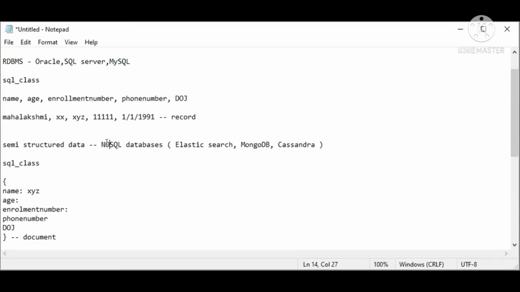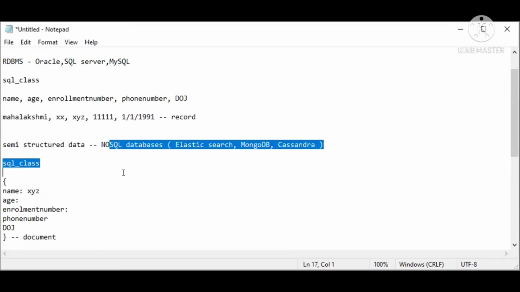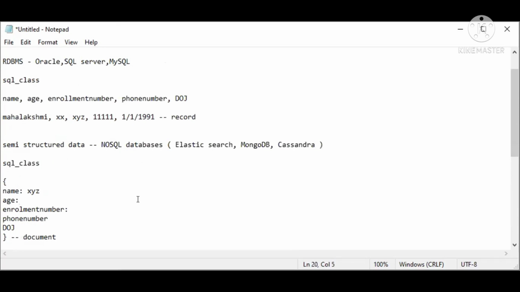Does anybody know why we call it NoSQL? Why the name NoSQL? Because it is not in a query structure. It is semi-structured. Yeah, all these answers are correct. The full form of NoSQL is not only SQL.